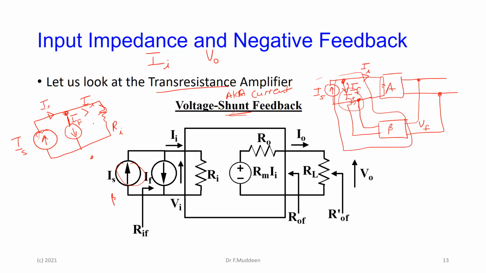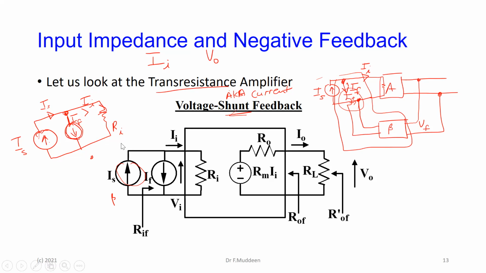Just model all of that as just a simple, that the feedback network is supplying a feedback current to me. All right? Any clearer? Yeah. Mm-hmm. All right. Any other questions? Not at this point.